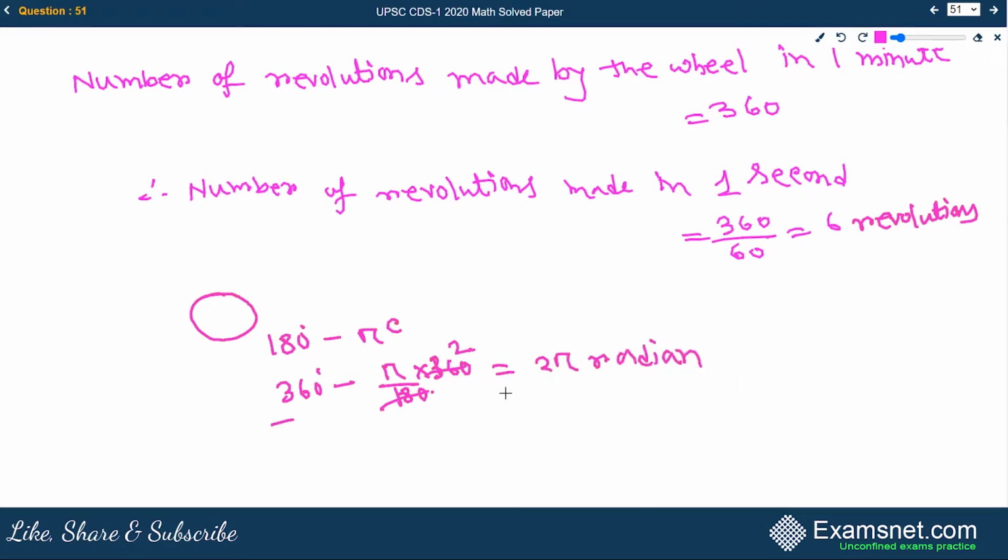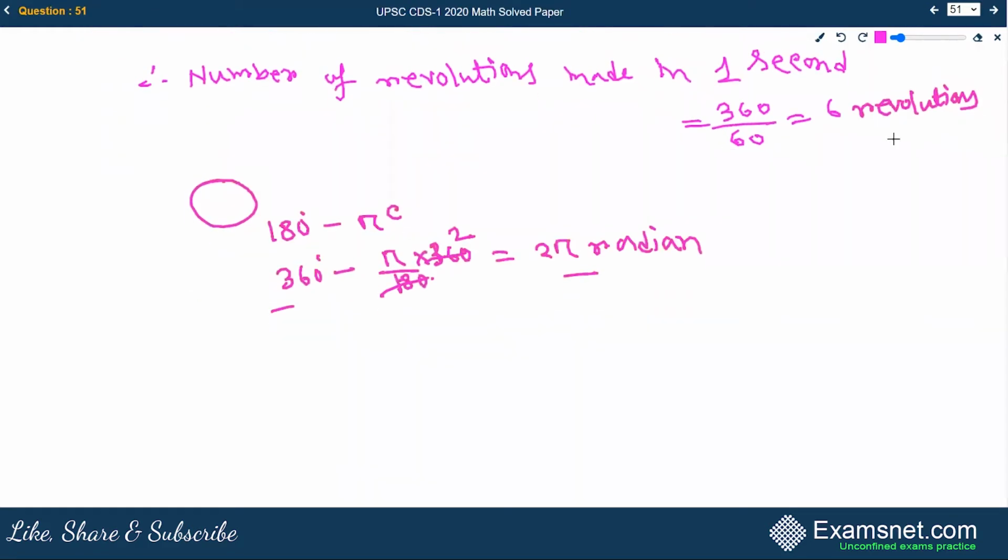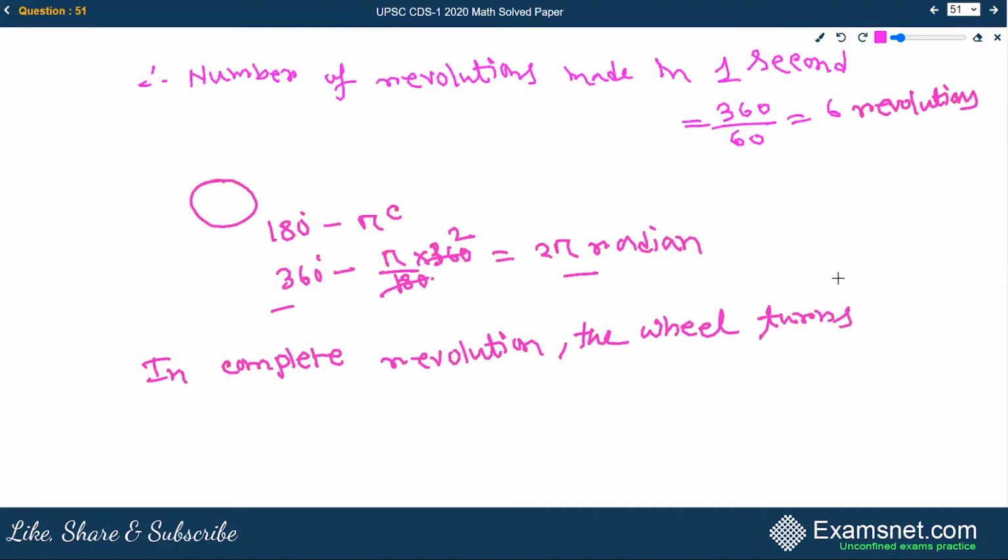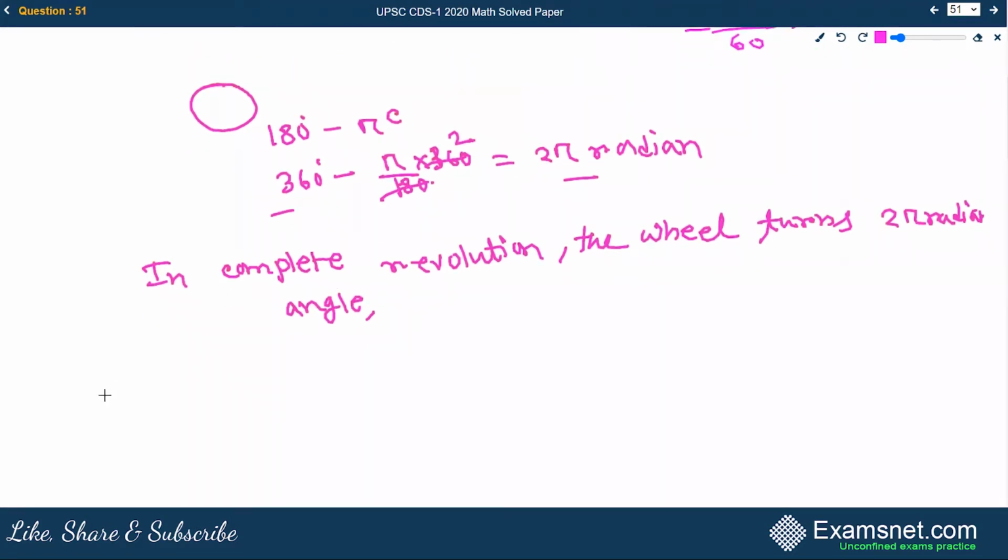So the wheel in one complete revolution turns a 360-degree angle, which is 2 pi radian angle.